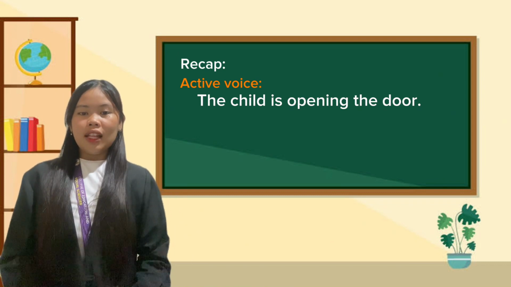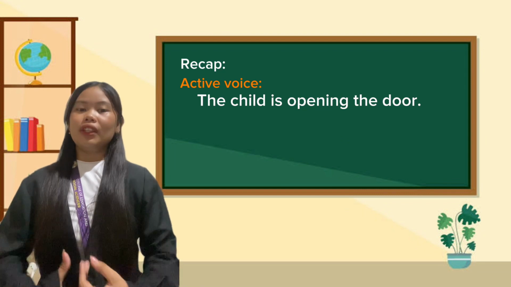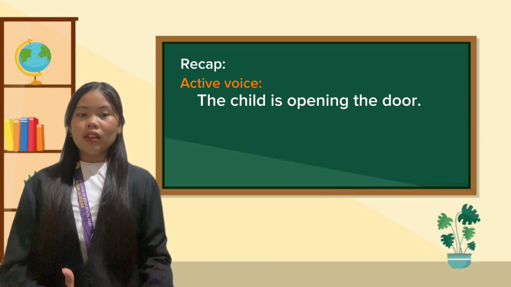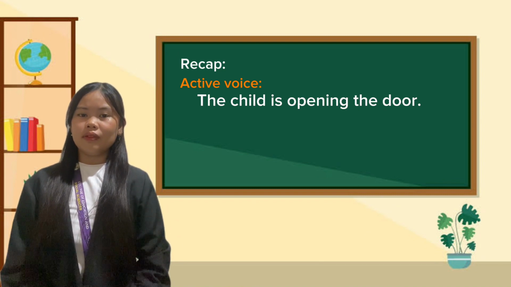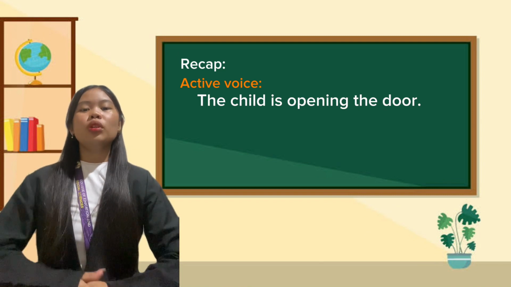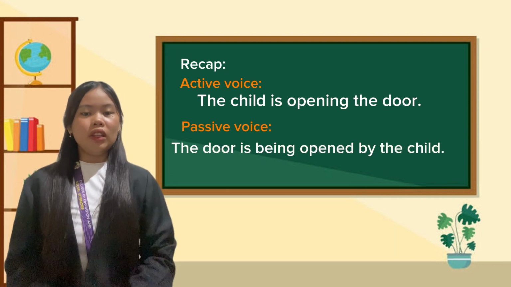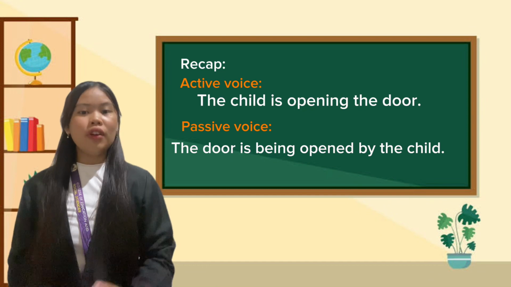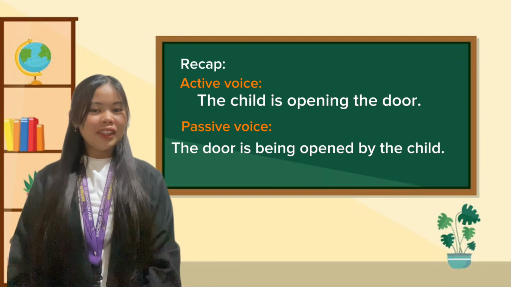So the receiver is now in the beginning of the sentence and the child is at the end. So what will happen to the sentence, class? Correct. So it will become the door is being opened by the child. So the door is still our receiver. So am I clear, class?